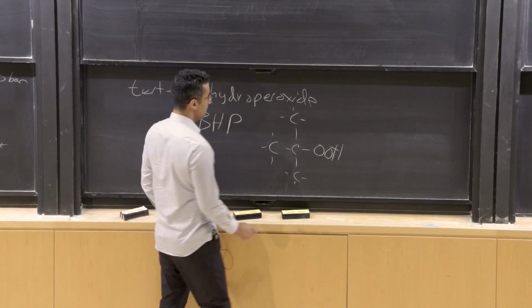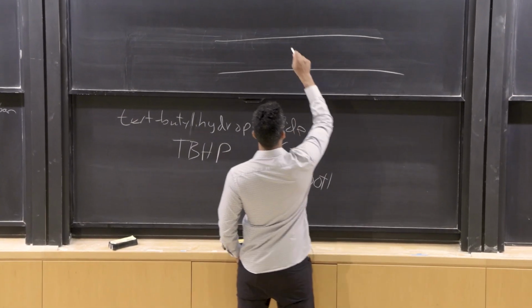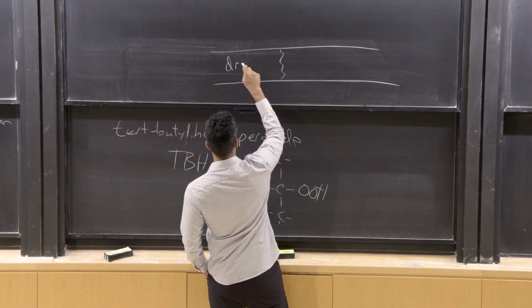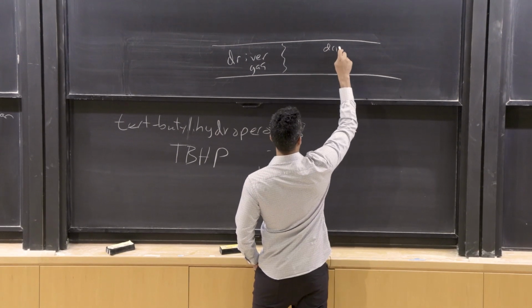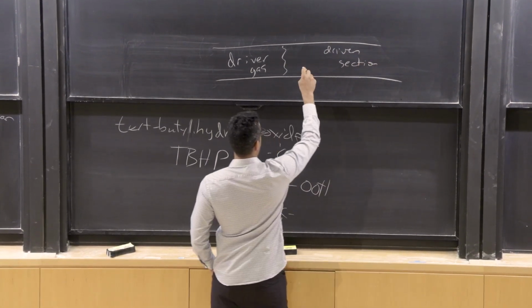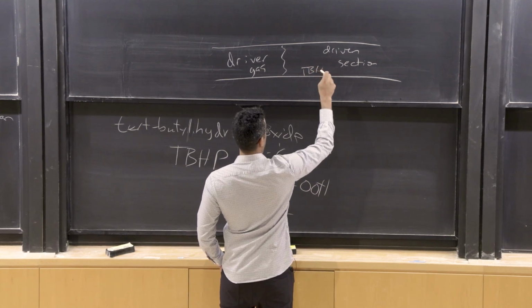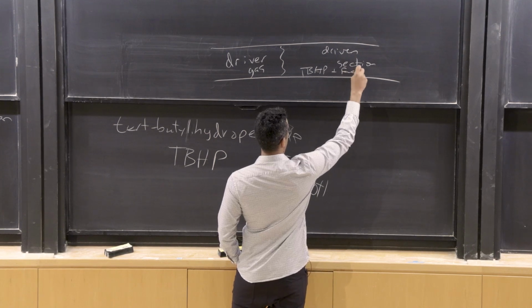And they introduced this to the shock tube. This is a shock tube. The driver gas is here. We'll look at more detail after. This is the driven section. So they put your TBHP in here, plus some fuel.